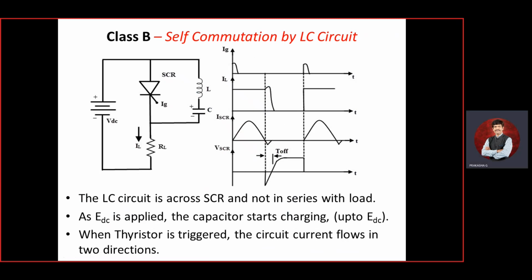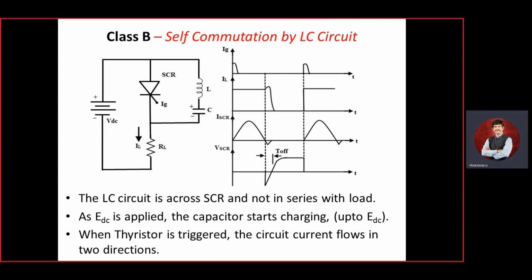If you want, I can write the circuit. I'll just draw the thyristor and the circuit. Here I am switching on my EDC, this EDC positive, so current flows in this direction.